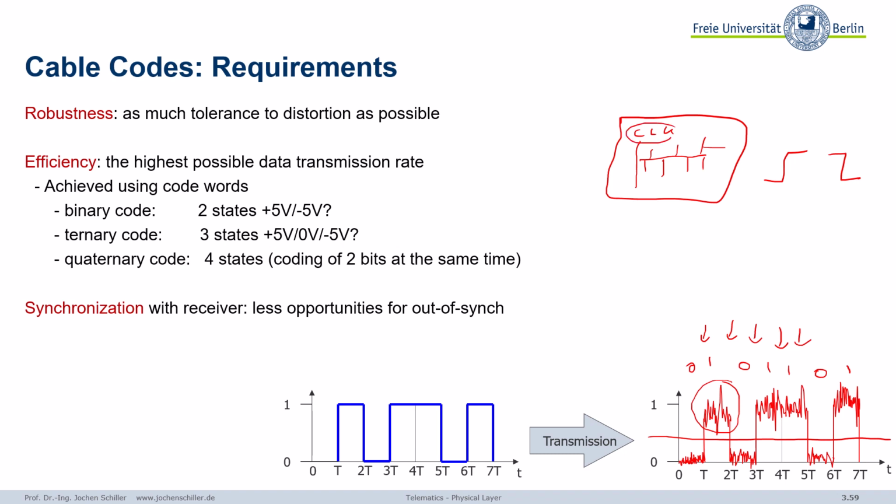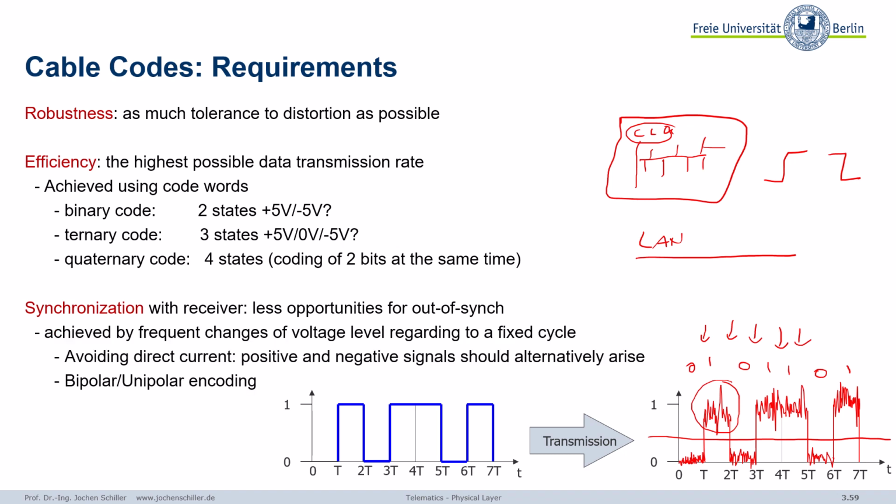You have a clock. If you have a local area network, well, you don't want to have a separate clock line because that's too expensive. You don't want to have an extra copper wire just for synchronization. So we need something that automatically, that's the ideal case, automatically encodes the synchronization into the signal.